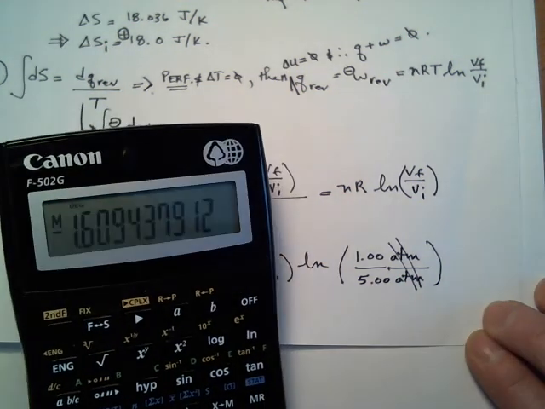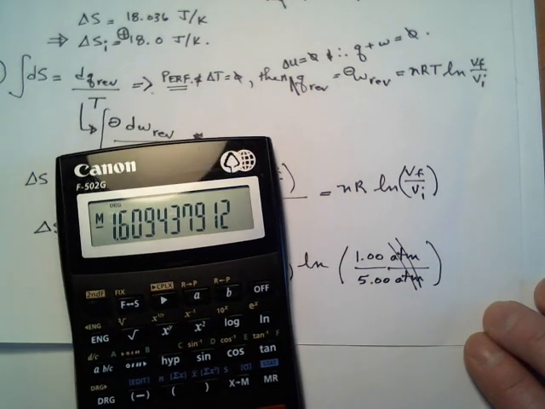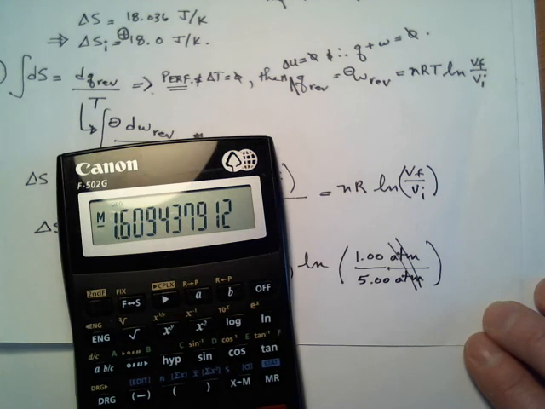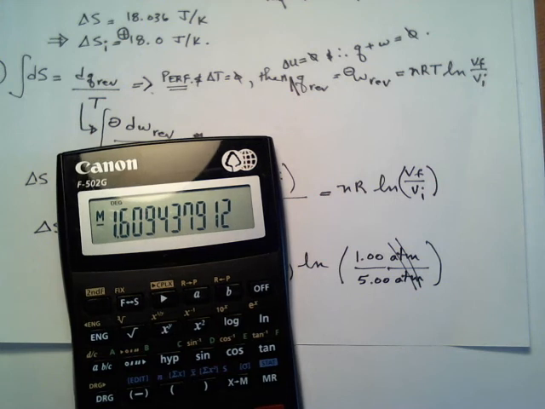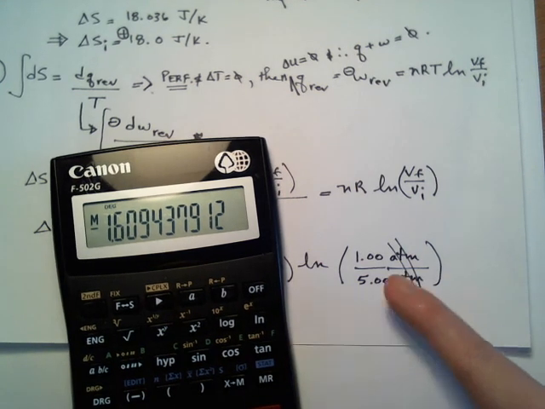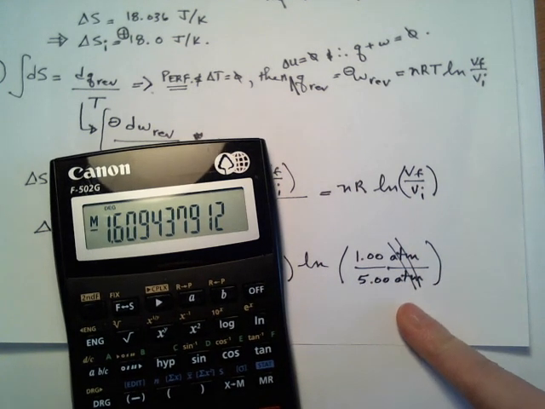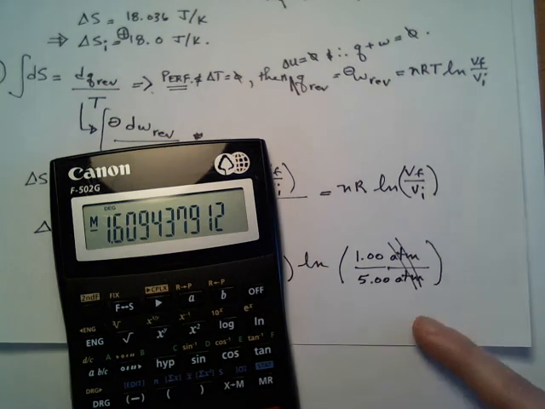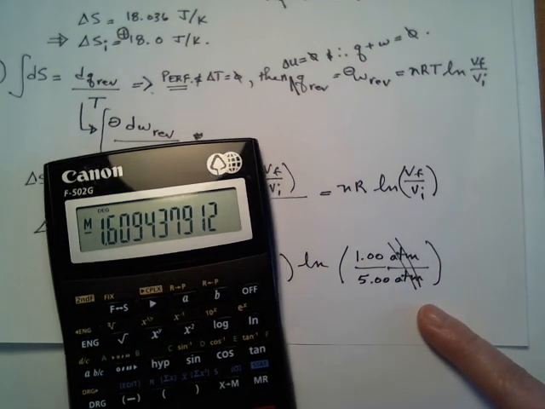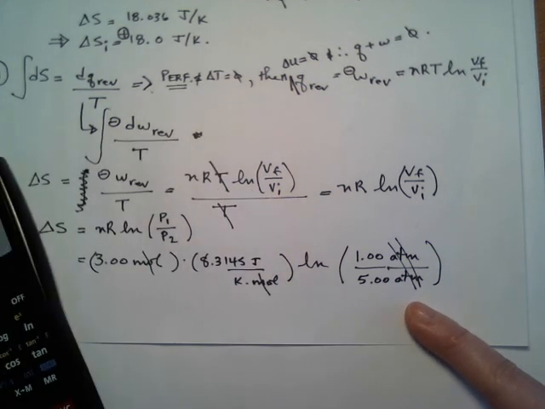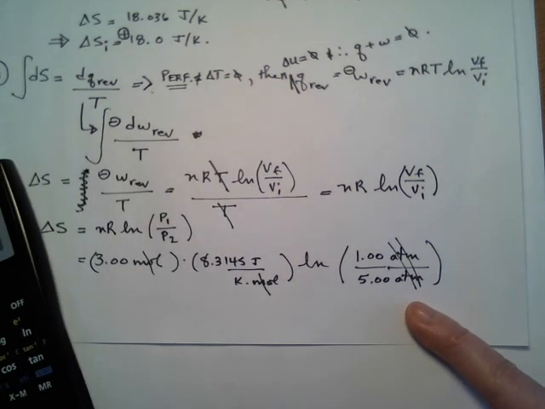See right here where I did the ln? I thought it was positive, but of course, when you take the ln of a fraction, you're going to get a negative number, right? So I'm just thinking of the exam and checks and balances. Whenever you take the ln of something, glance at the calculator result, even if you're not finished, just to make sure: is that positive or negative? Okay? Just so we don't miss.